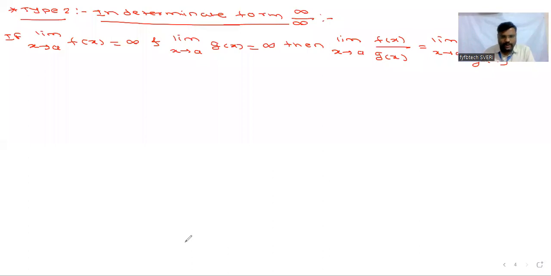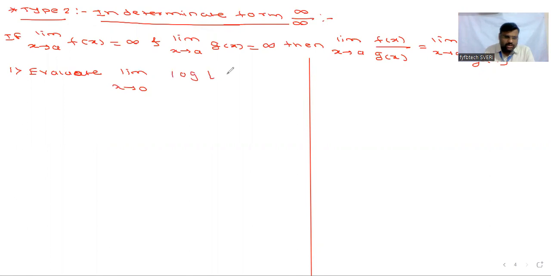Along with that, we have solved one example about this infinity by infinity form. Okay. So first evaluate limit x tends to 0, log of tan x divided by log x.